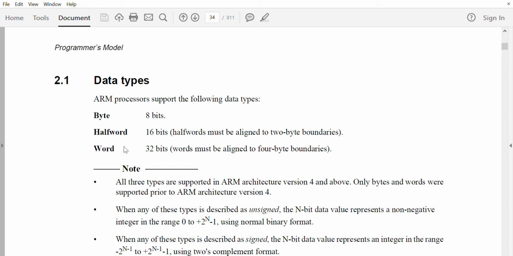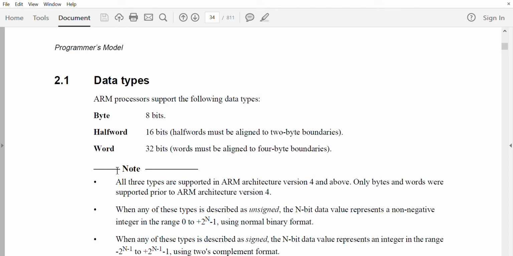Thumb instructions occupy less space, so they are half word instructions. They carry only 16 bits, and ARM instructions are 32 bits long. That is a word. One word is equal to 32 bits and a half word is 16 bits.